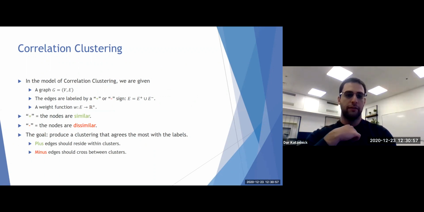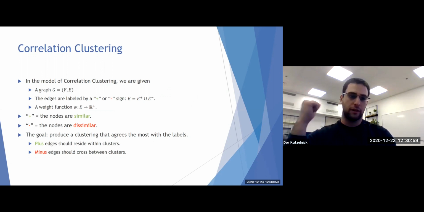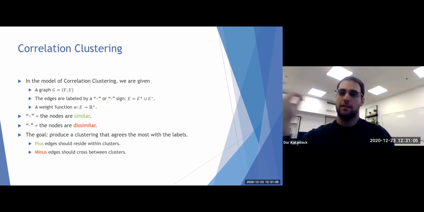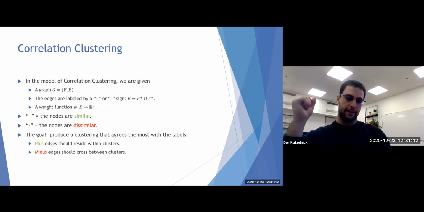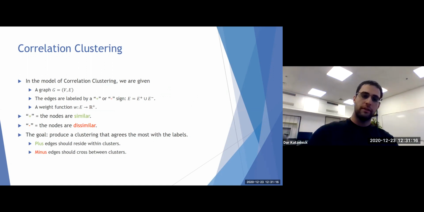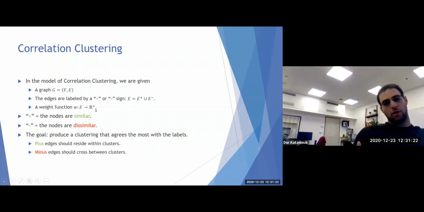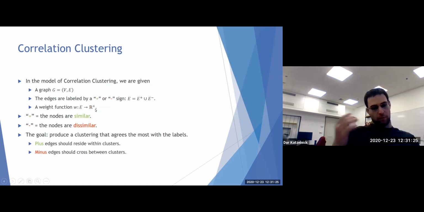In this model, we are given an undirected graph, where the edges are labeled by a plus or a minus sign. A plus sign indicates that the two nodes are similar, and a minus sign indicates that the two nodes are dissimilar. We are also given a weight function on the edges. What is our goal in this problem?